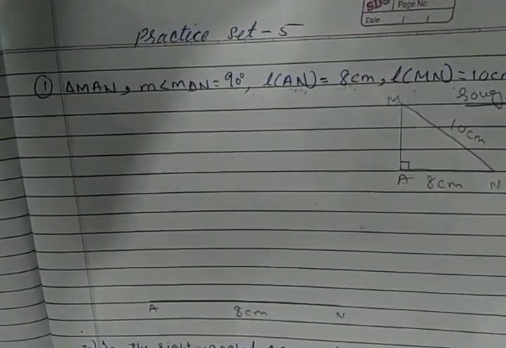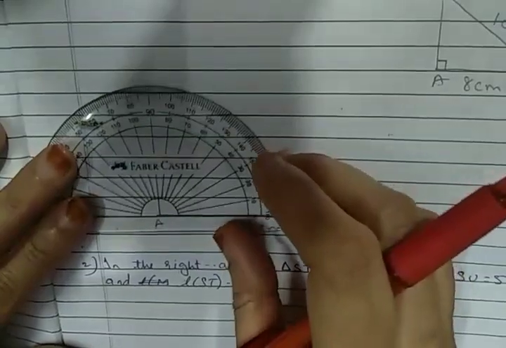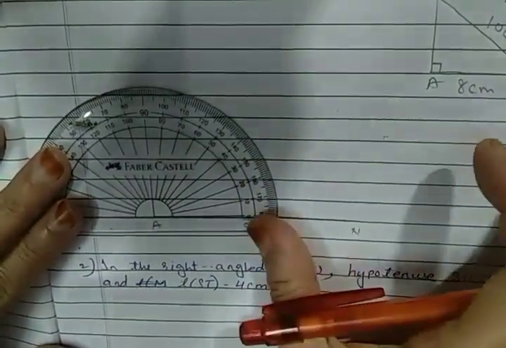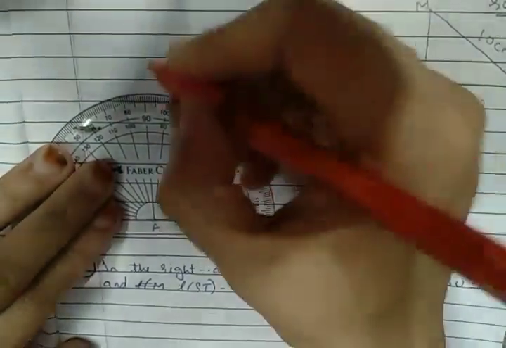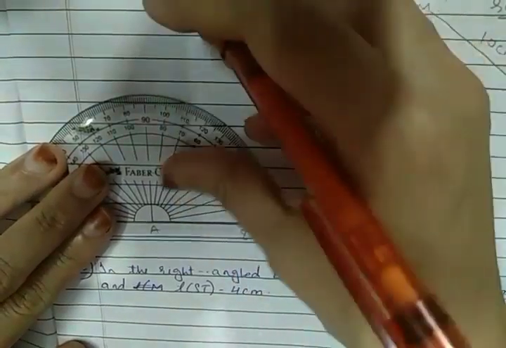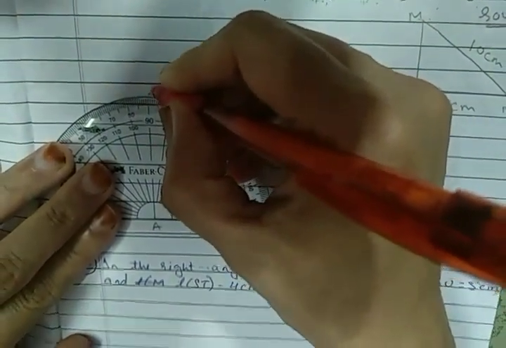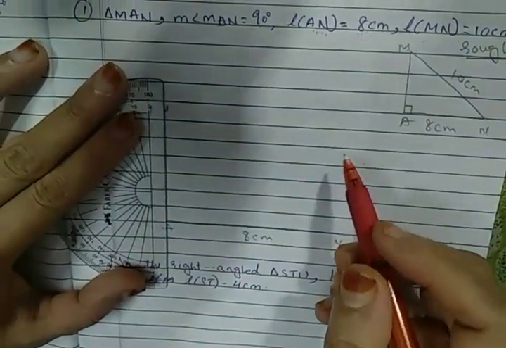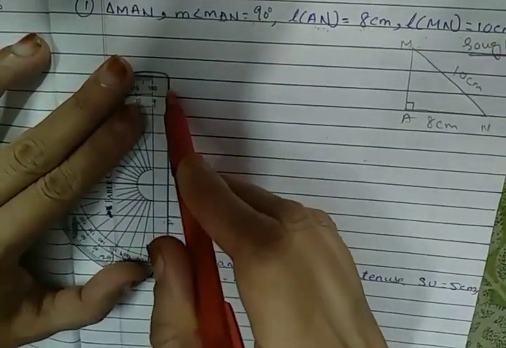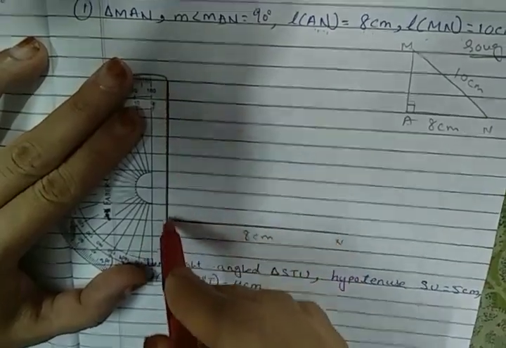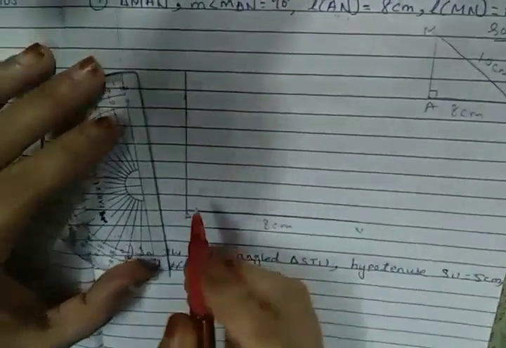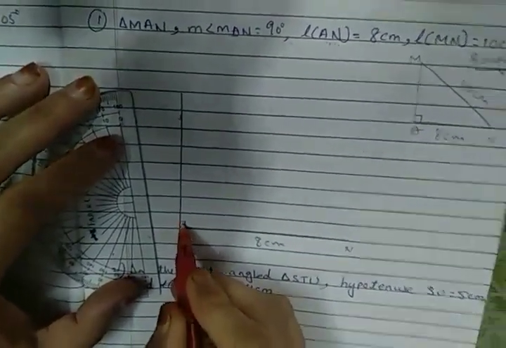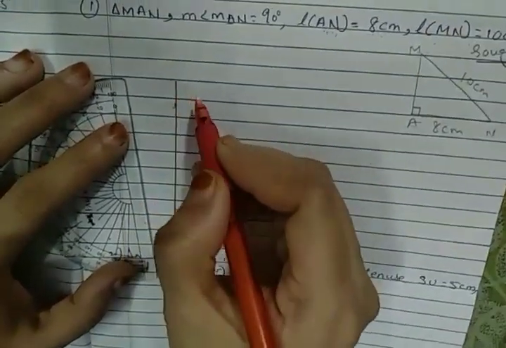Place the protractor on point A and make it 90 degree, like this. And now join this with the line. It should be straight because it is 90 degree.